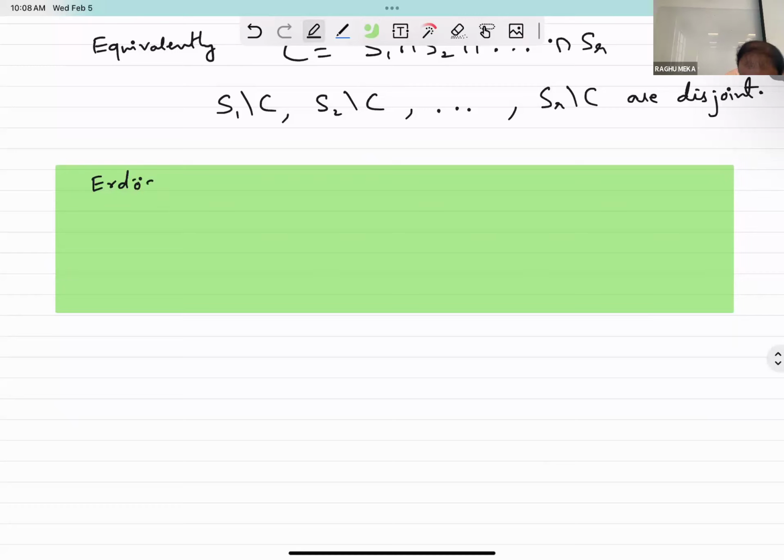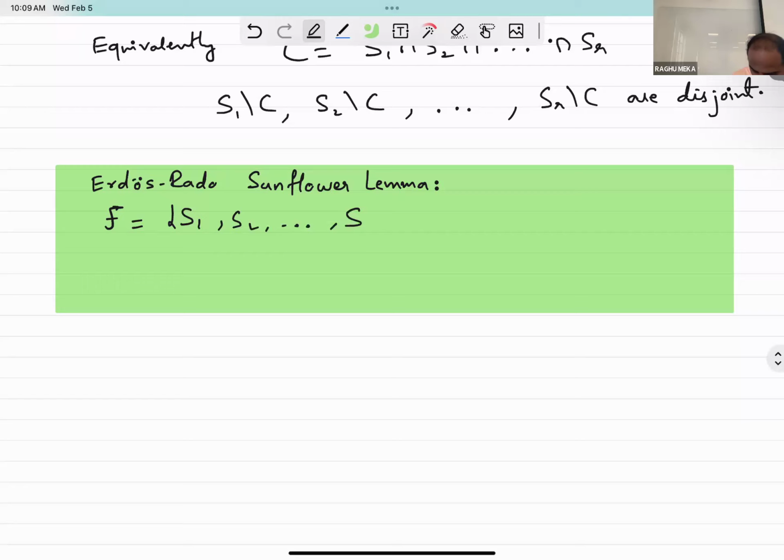Right. So the Erdős-Rado sunflower lemma. What did it say? So if you had any collection of sets, you have some number of them, we don't care the size of the universe, okay?